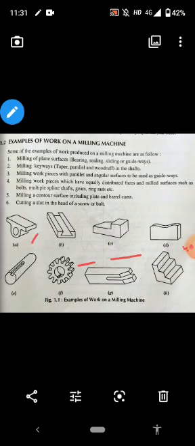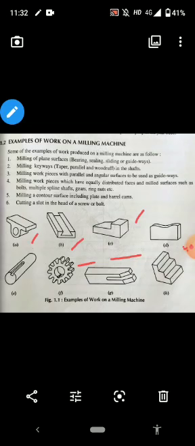This one, like guideways, bearings, sealings, sliding. We can also produce keyways. Second figure, this keyway. Tapers, we can produce taper surfaces, parallel and woodruff keyways in the shafts.